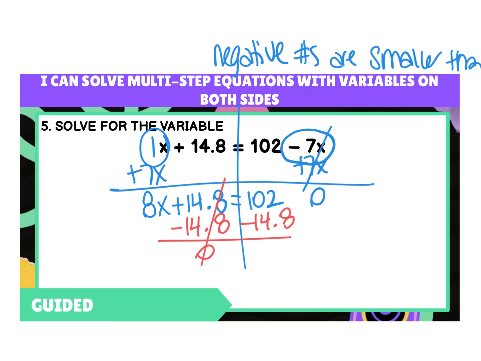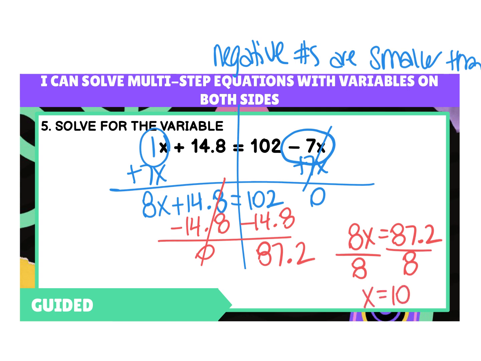And now 102 minus 14.8 gives us 87.2. Notice how I'm showing all of my steps. 8x equals 87.2. Divide by 8, divide by 8. And we'll get x equals a decimal, a terminating decimal, 10.9.